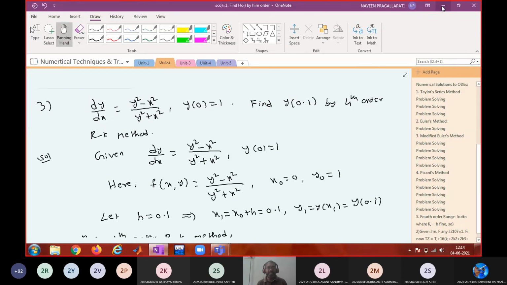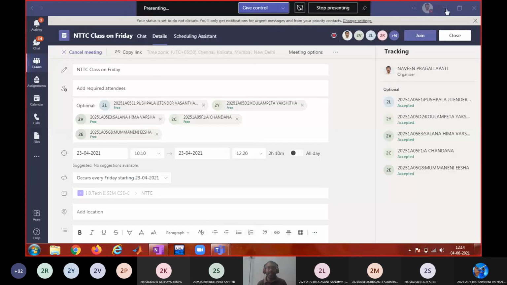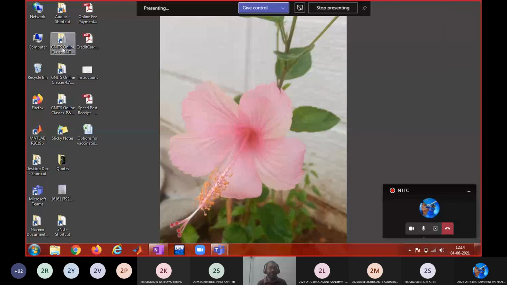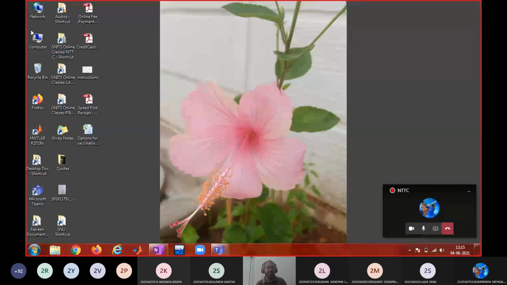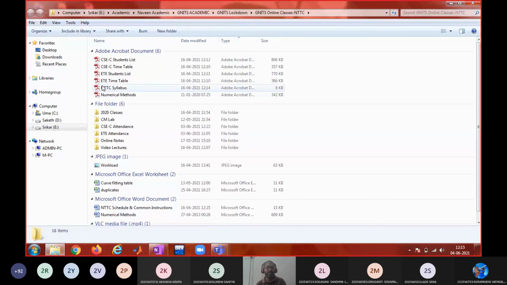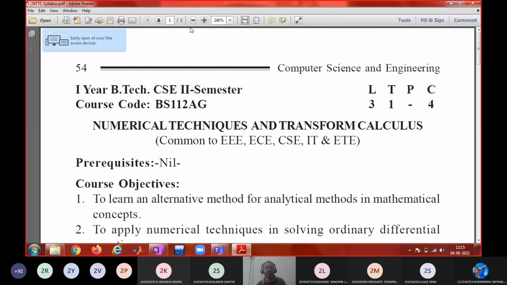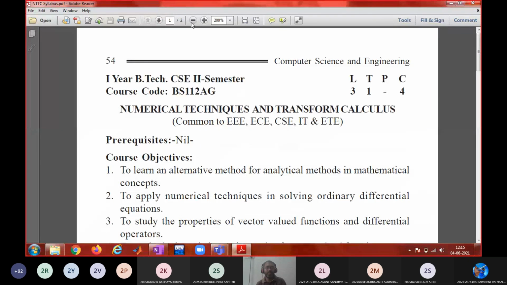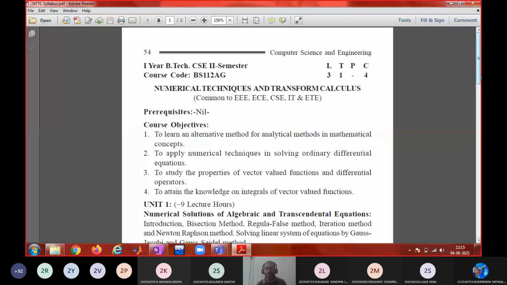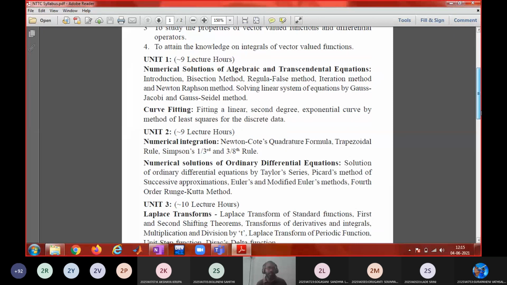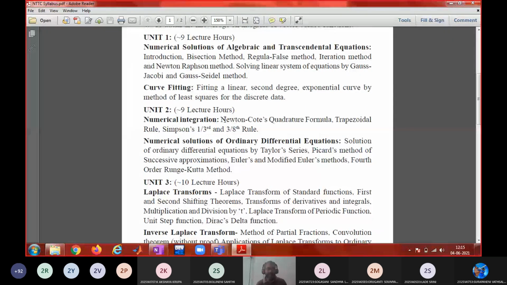Okay, so with this we have completed all the methods. Let me show you the syllabus. In unit 2, we started with Newton-Cotes quadrature formula, trapezoidal rule, Simpson's 1/3 rule, and 3/8 rule.